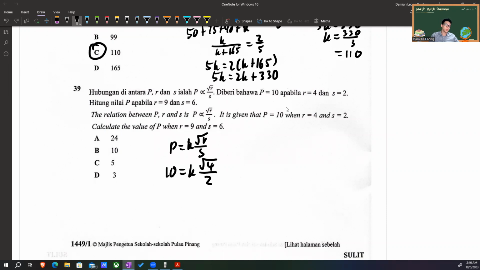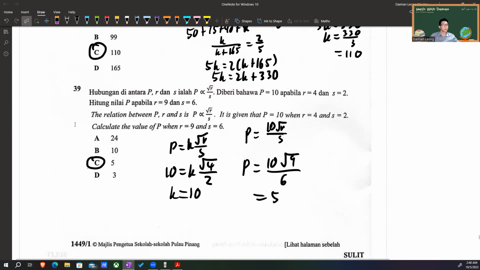Square root of 4 is 2, 2 over 2, basically. K is 10. So P equals 10 square root of R over S. Then sub in R and S: 10 times square root of 9 over 6. Square root of 9 is 3. 30 divided by 6, 5. Answer C.